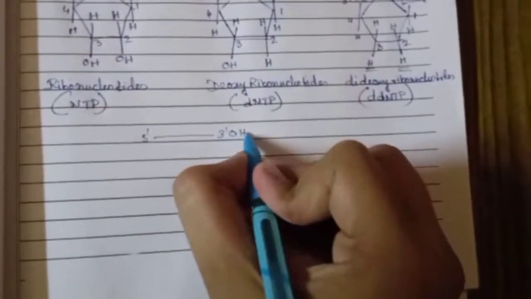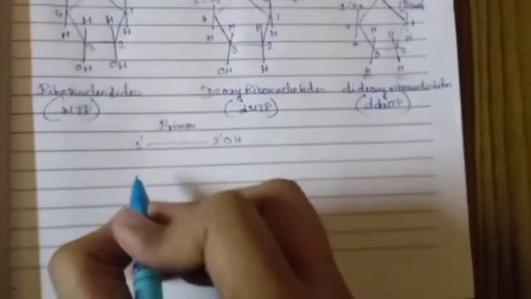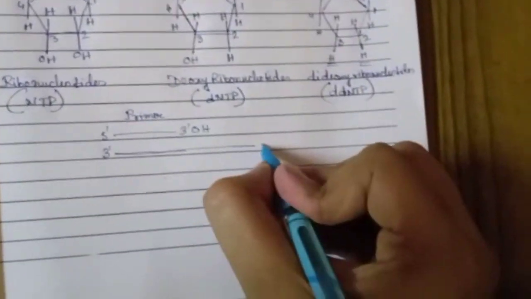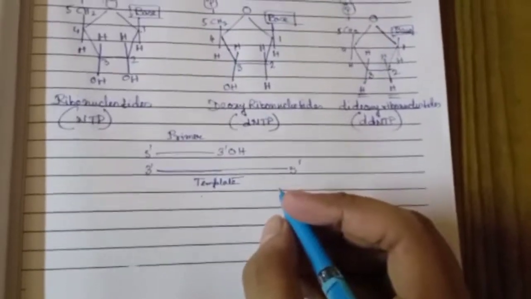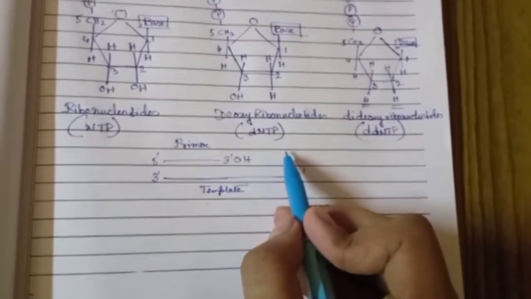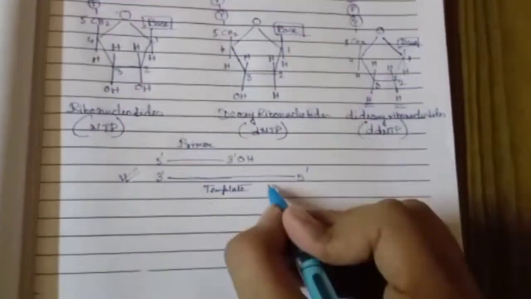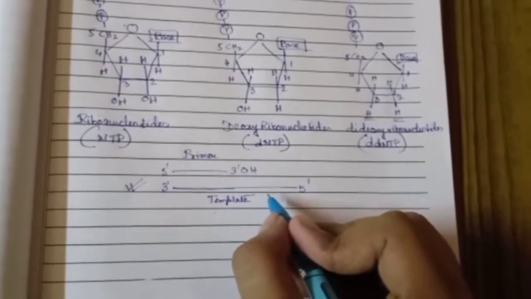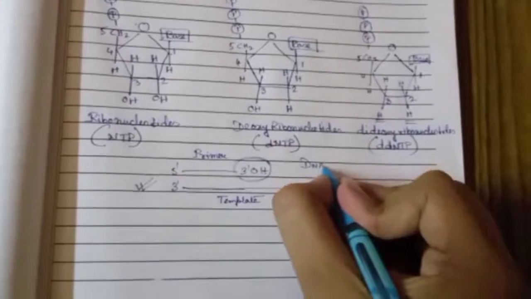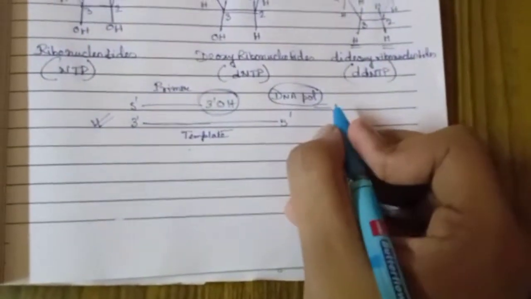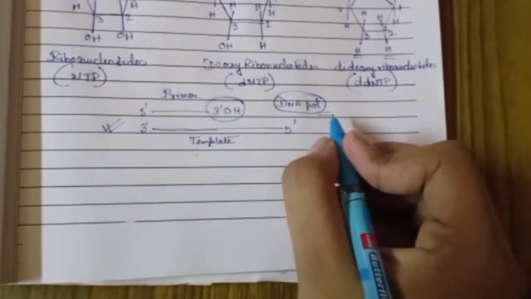For nucleotide polymerization we need a template DNA strand and a primer which gives us a free 3' OH group, which is required by DNA polymerase at the DNA nucleotide position. This is the template, this is the 3' OH group present in the primer and this is the DNA polymerase.